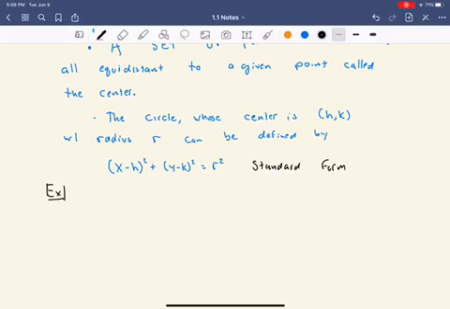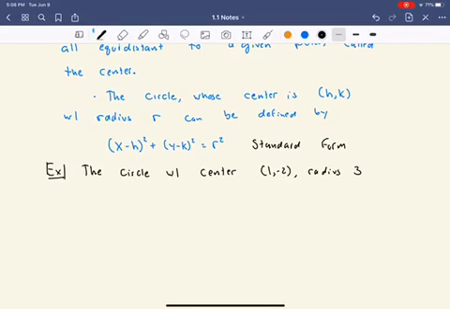So as an example, let's take the circle with center (1, −2) and radius 3.